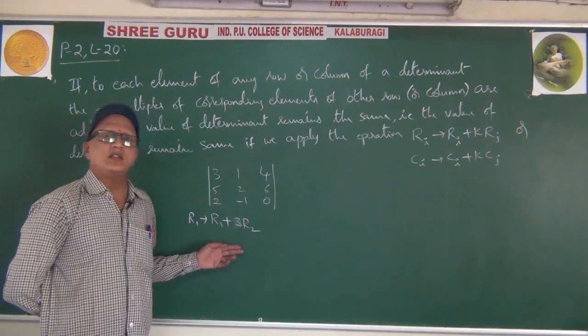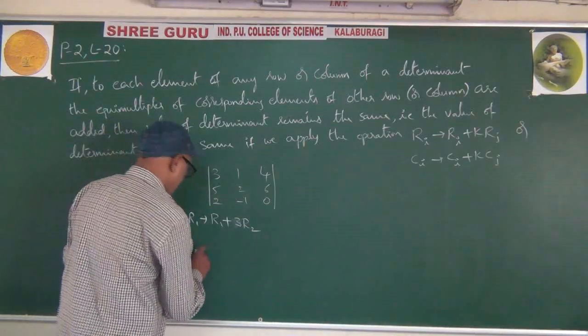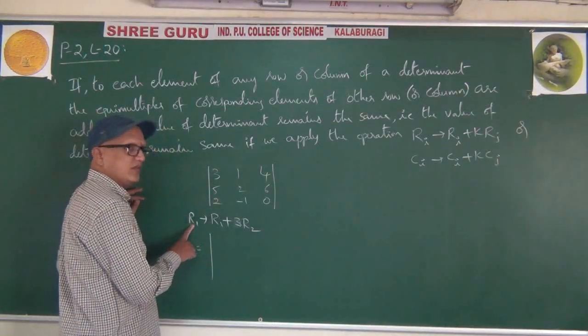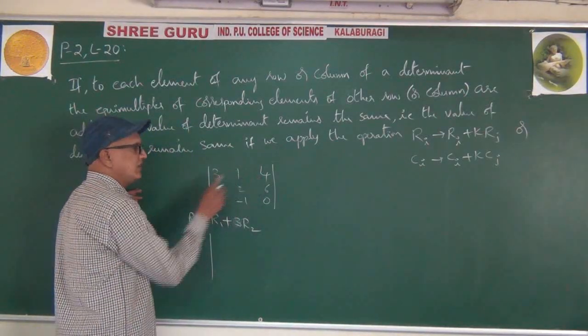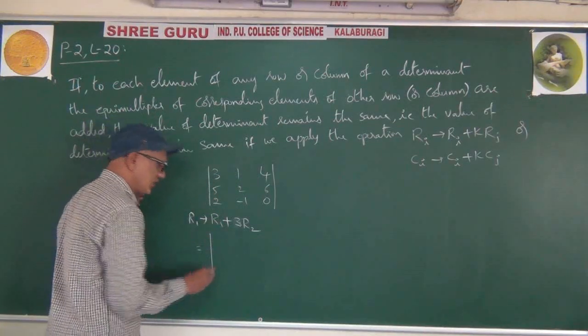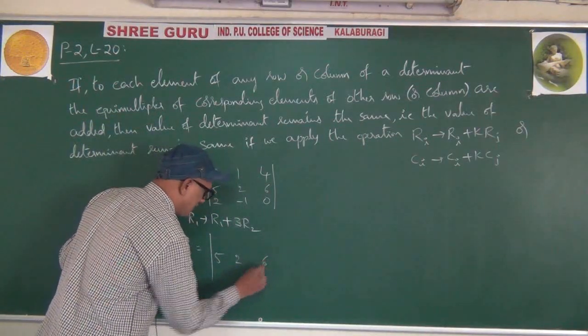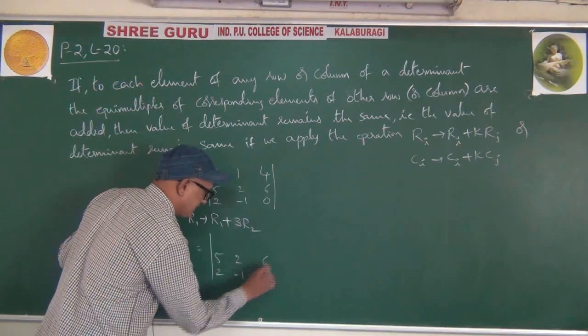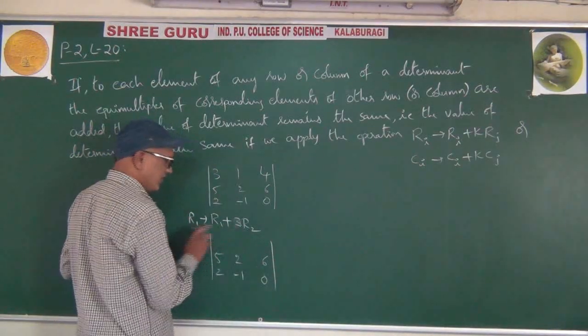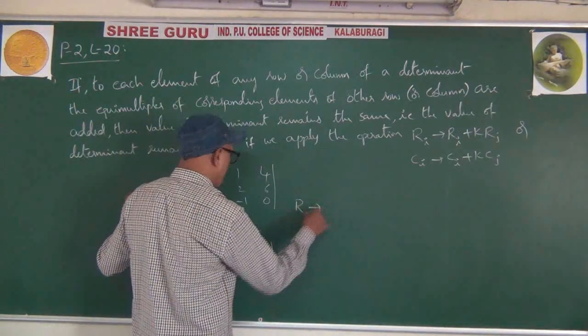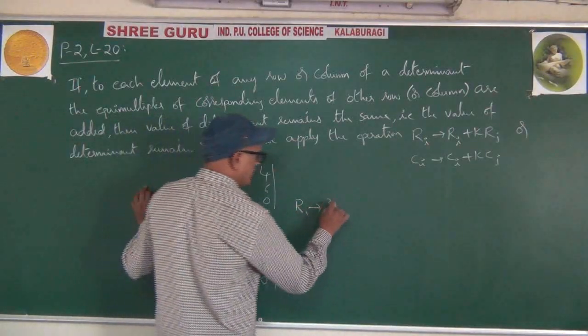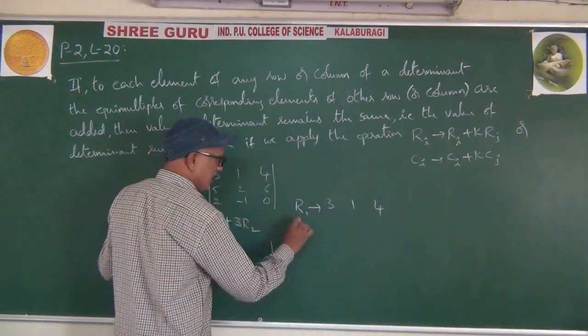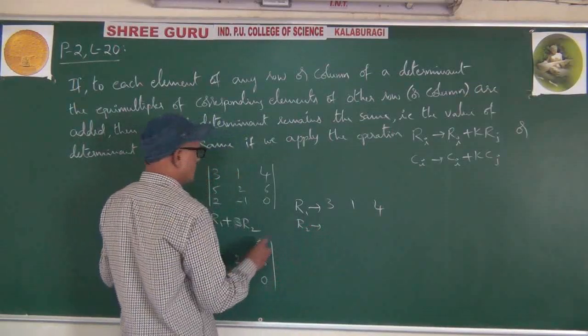This we have already done in elementary operation. R1 we are changing. Nothing happens to R2 and R3; keep them as they are. What is R1? 3, 1, 4. What is R2? 5, 2, 6.